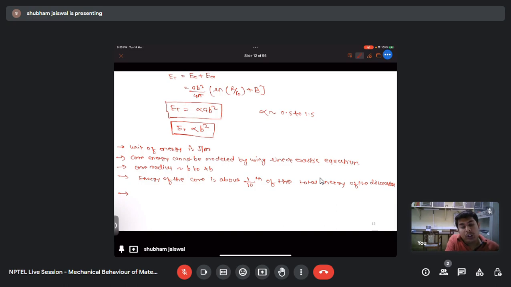As I already mentioned, as it costs energy to put a dislocation in a crystal, dislocations tend to have as small a B as possible. If B is small, the energy will be small, so easily we can put a dislocation.